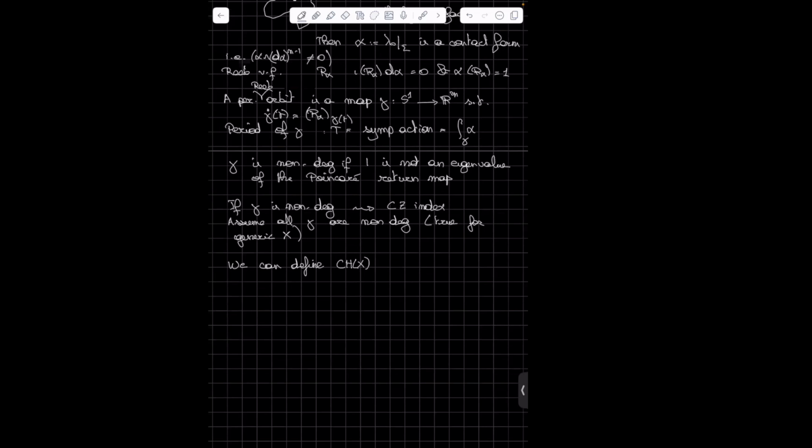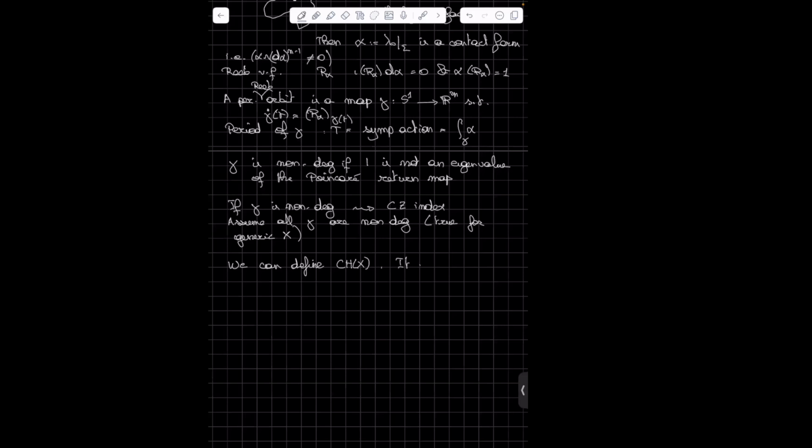So I prefer to just denote it CH, even though I'm still talking about symplectic homology, because it's shorter and I don't have many indices to carry.